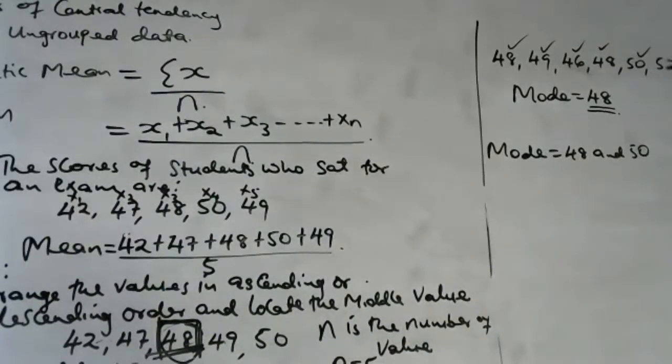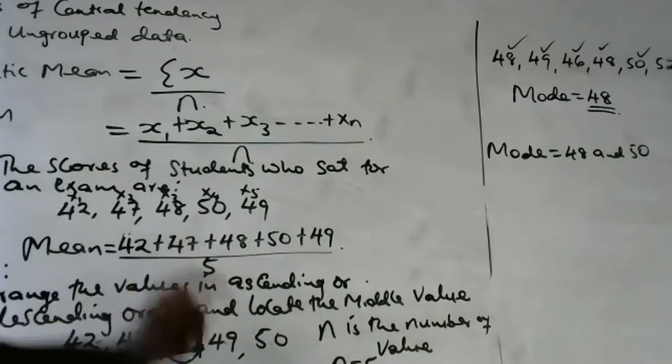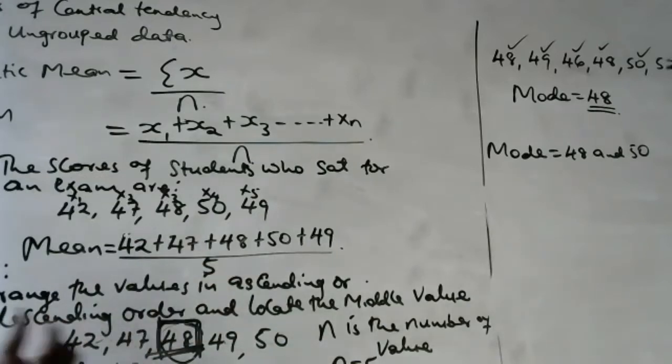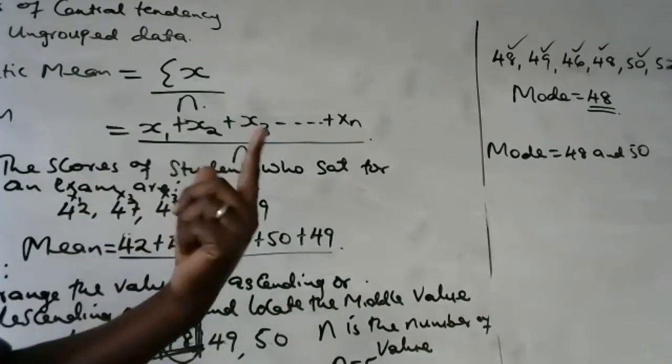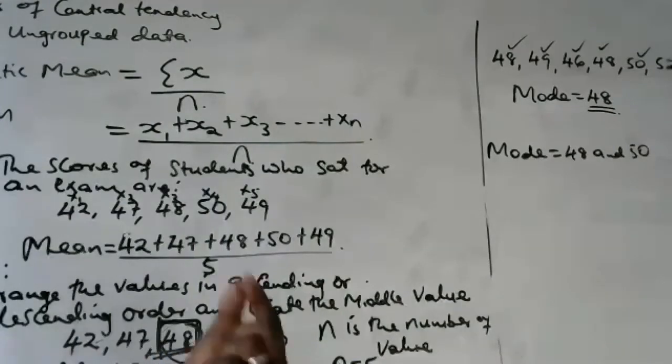And we have seen how we get the mean from the ungrouped data. For the mean, you just add the values and divide by their number. For the median, rule number 1 is arrange the values first from the smallest to the highest, then identify the value at the middle. If the distribution is odd, it is very easy to identify that single middle value.